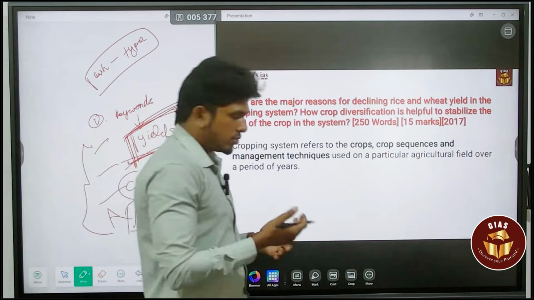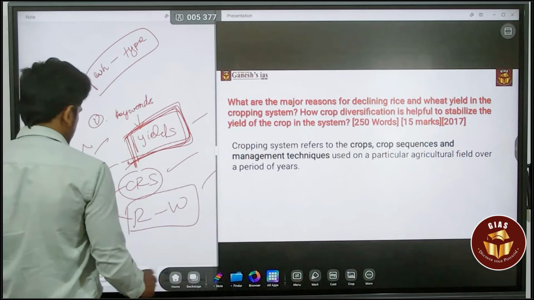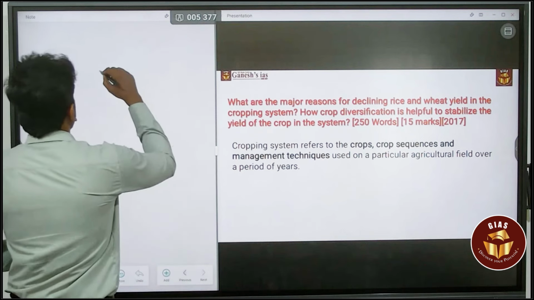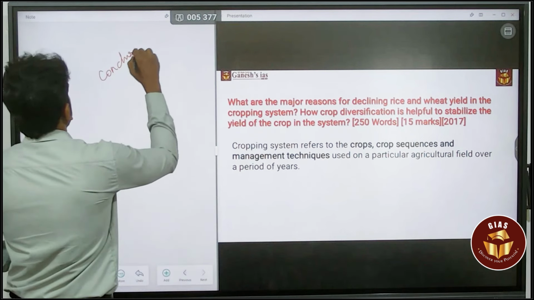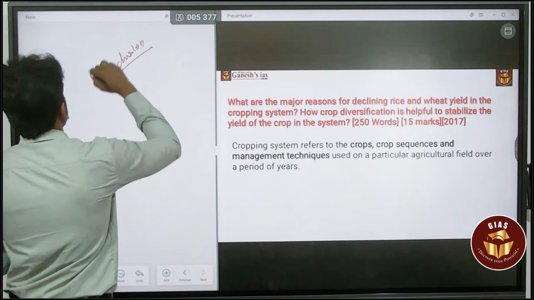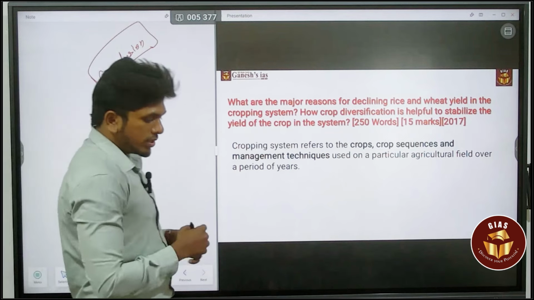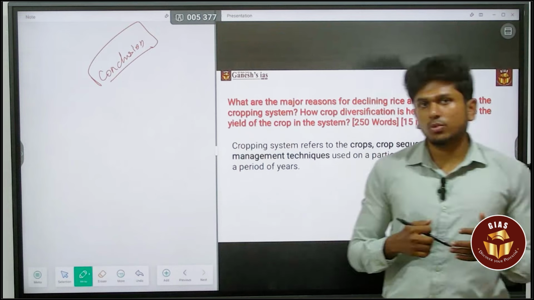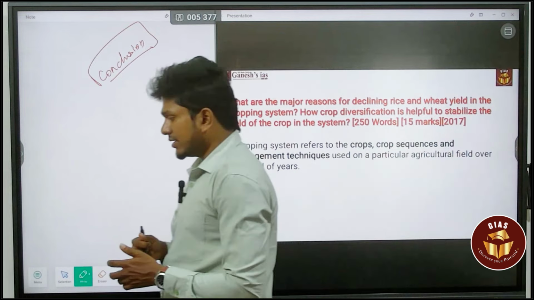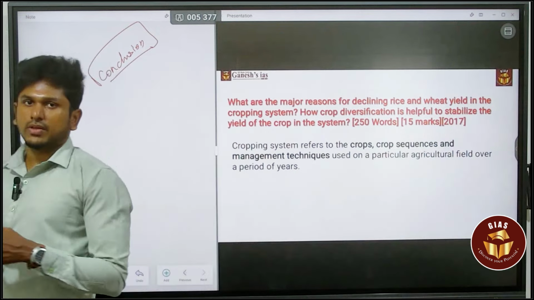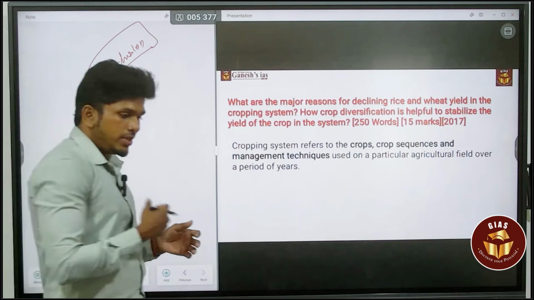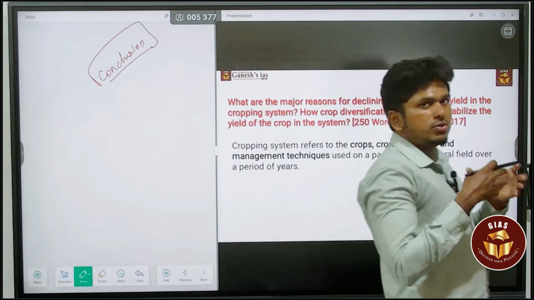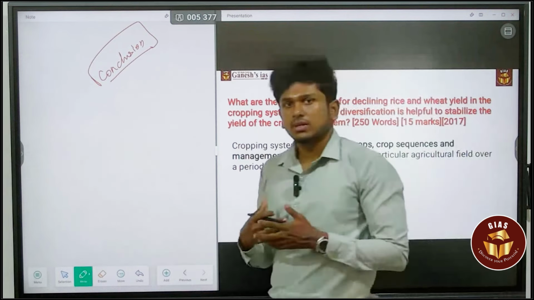What can be the conclusion? We need to discuss that here itself. Conclusion: you can conclude by speaking about yield. We can say that with the use of crop diversification, we can be the largest producer with small usage of land, improving land use efficiency.